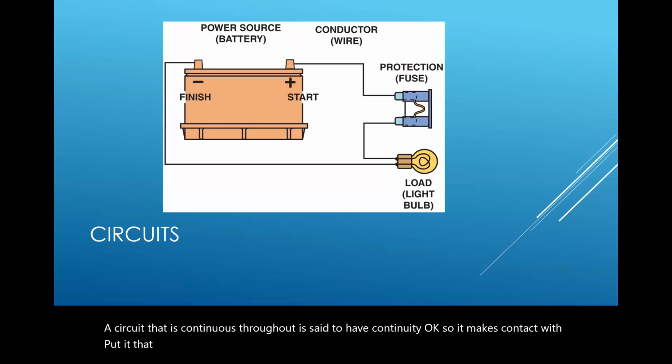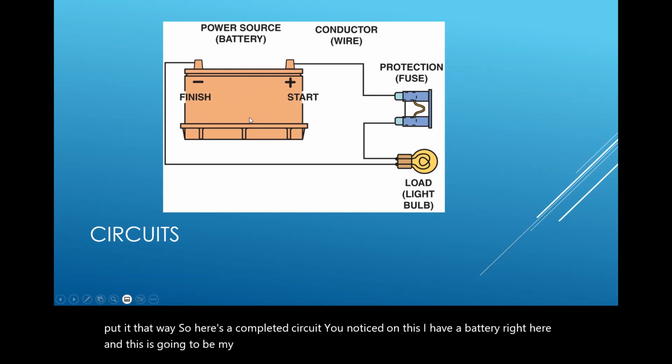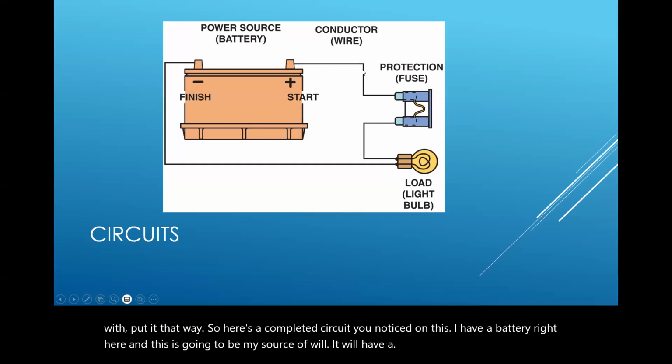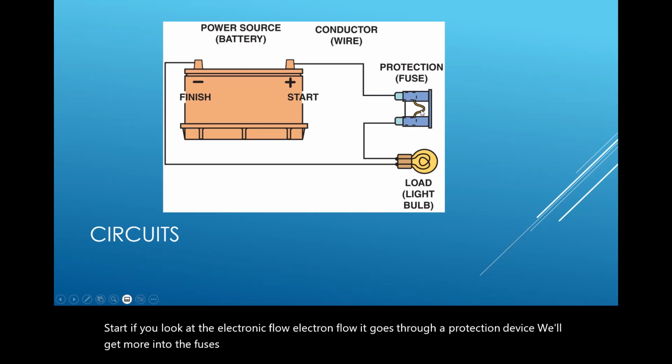So here's a completed circuit. You'll notice on this circuit, I have a battery right here, and this is going to be my source of energy. It will have a start. If you look at the electron flow, it goes through a protection device. We'll get more into the fuses and protection devices as we go across. And then it has a bulb, which is doing work for us.